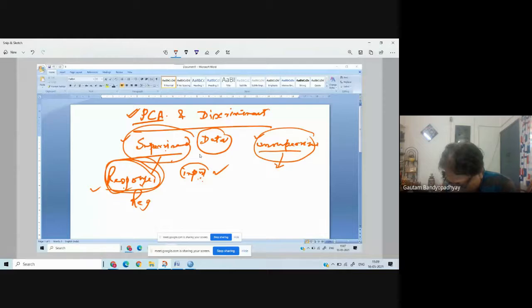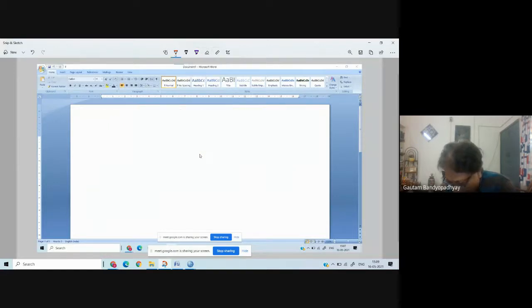Now, what is the application of PCA and discriminant analysis? One term is very important in our research, that is called dimension reduction. Dimension reduction is basically divided into two parts.